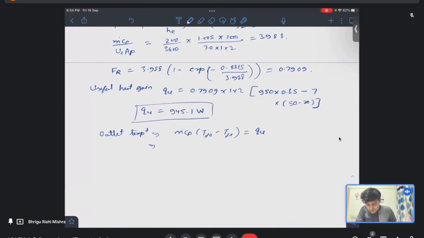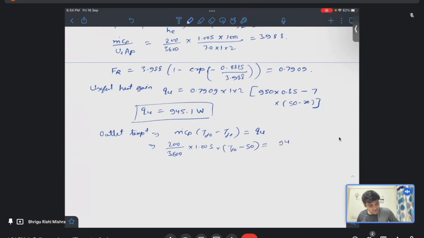So this is 200, again converting it into per second, since m dot is given in kg per hour, into 1.005 into TFO, we need to calculate, and TFI is given as 50.